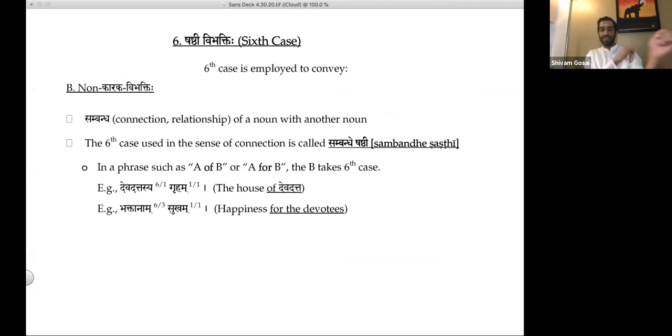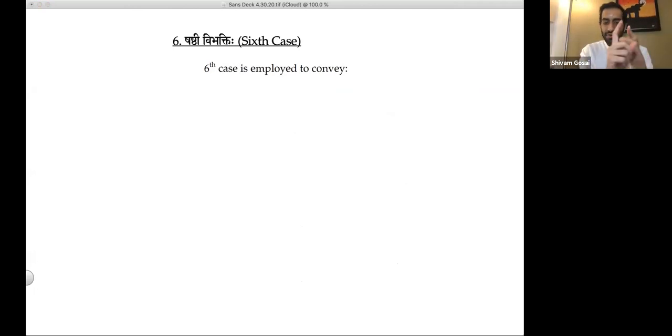The main thing we need to know here, okay, is we have the karakas we've seen so far, right? We've seen karta karaka, karma karaka, karana karaka, then fourth case, sampradanam, apadanam, okay? Sixth one is adhikaranam.